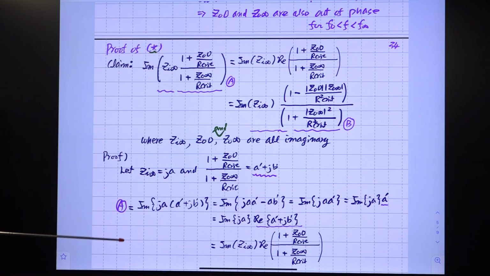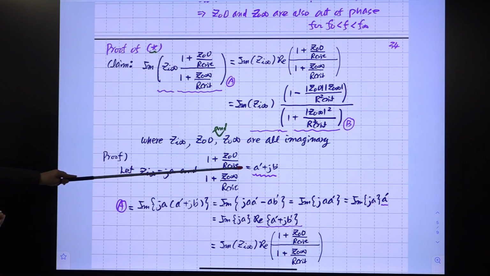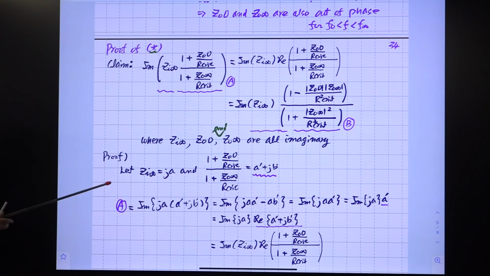So I made a little substitution. GI infinity is jA because this is purely reactive. And this is a complex number, so this part is A prime plus jB prime, right? So you are finding the reactive component of this. Then you factor this out, then the imaginary component of this. This is imaginary, this is a real number.